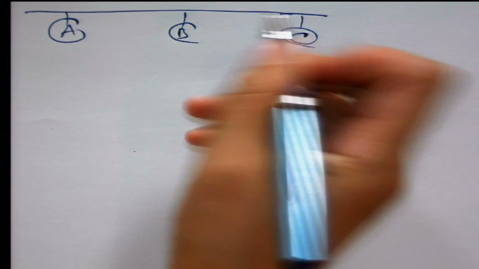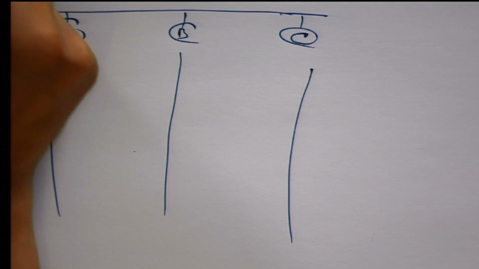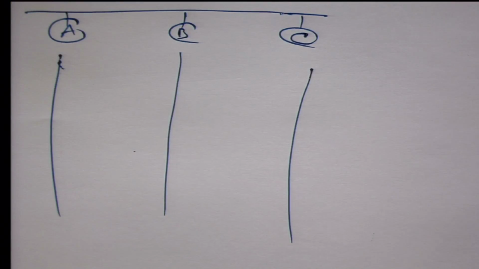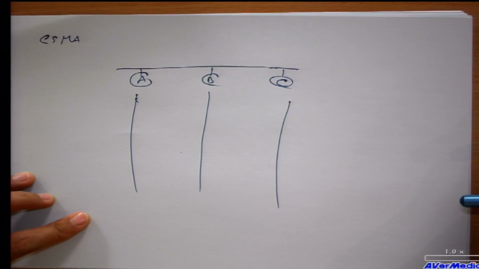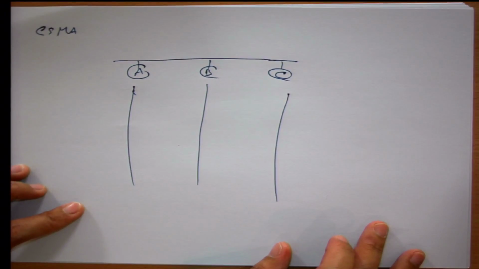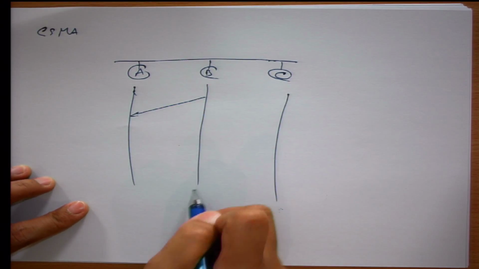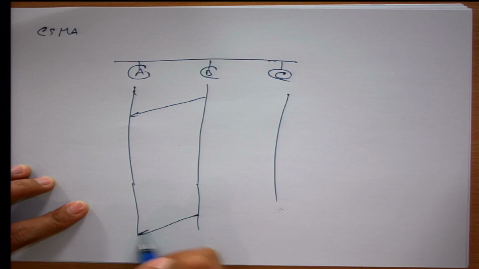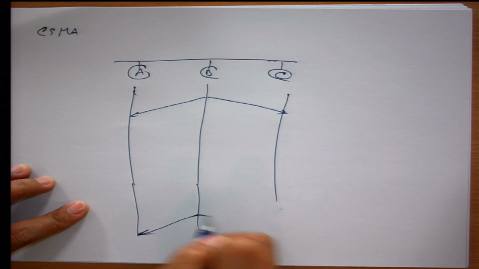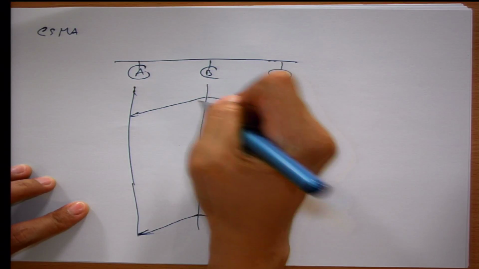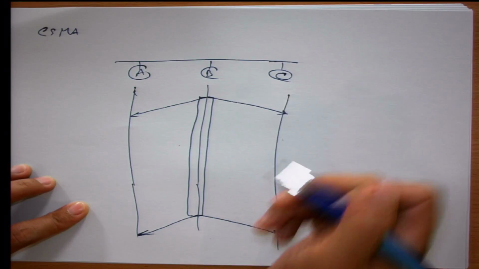If you have only CSMA and not CSMA/CD, what happens is that when B sends, suppose this is the B frame, and it arrives here.